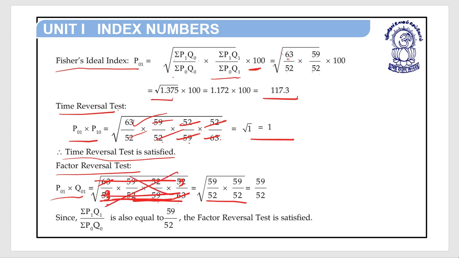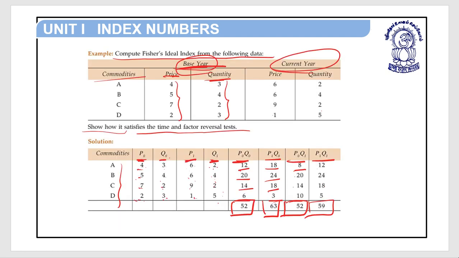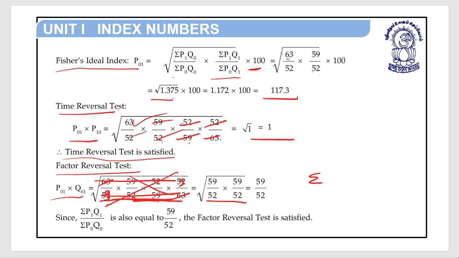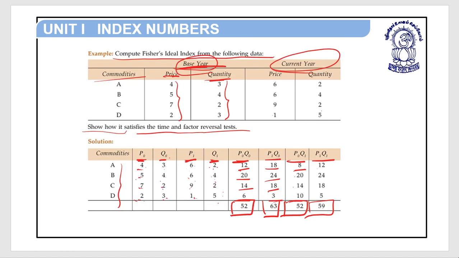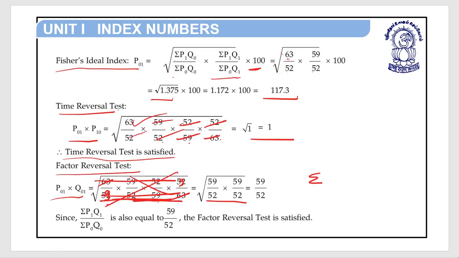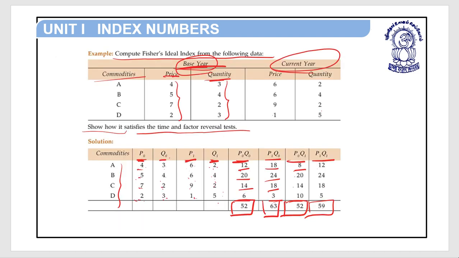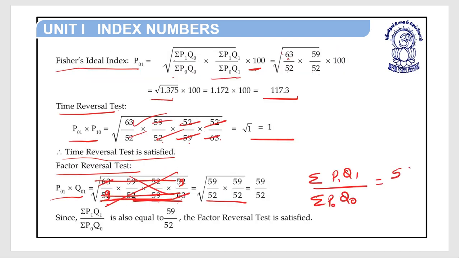Here you can write sigma P1 Q1 upon sigma P0 Q0 directly, 59 by 52. Since sigma P1 Q1 upon sigma P0 Q0 is also equal to 59 by 52, the factor reversal test is satisfied.